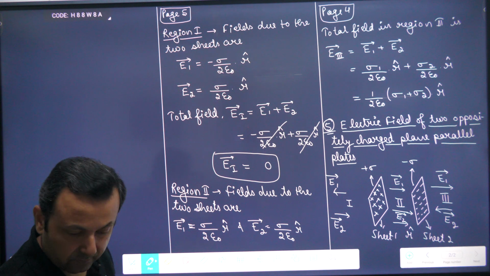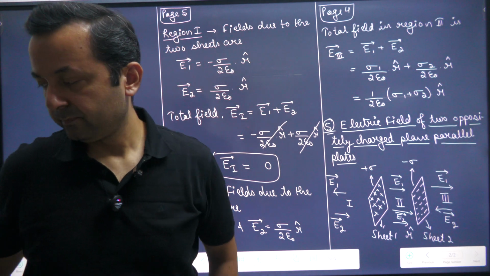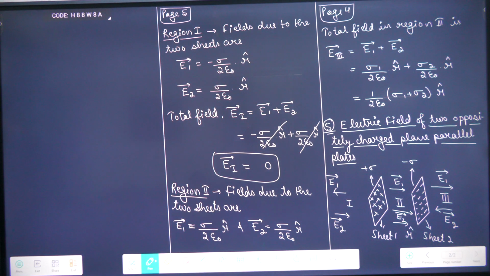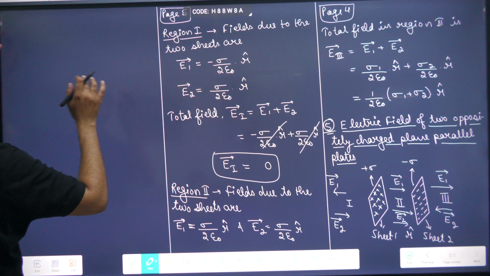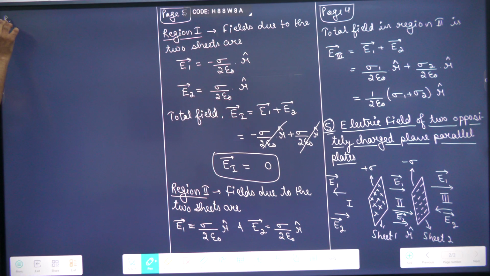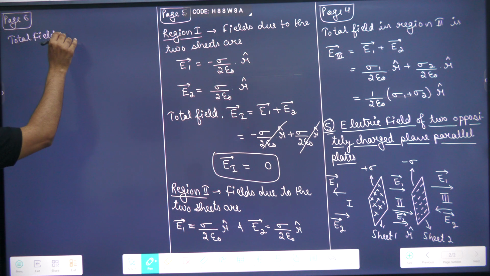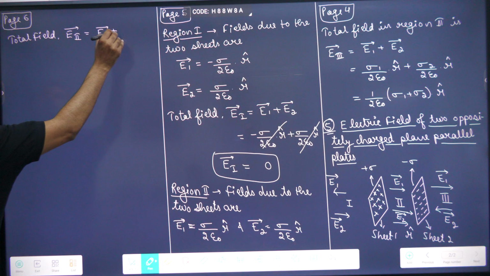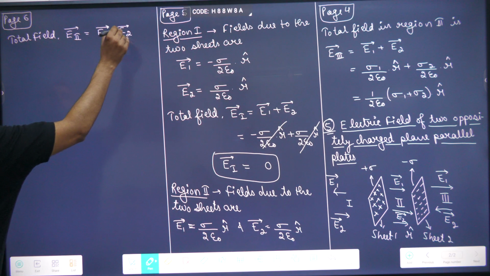So total field in region second, E second vector, is equal to E1 vector plus E2 vector.